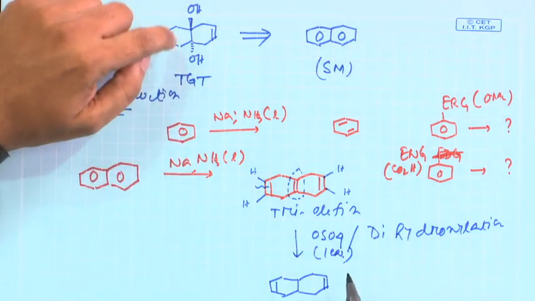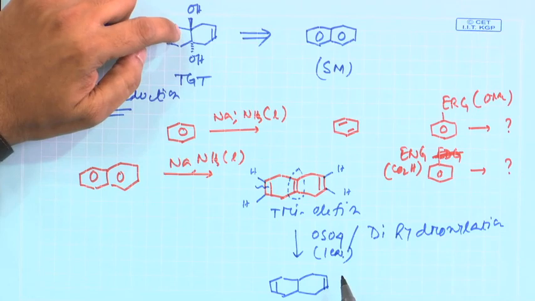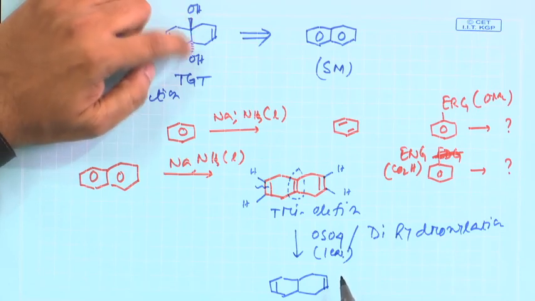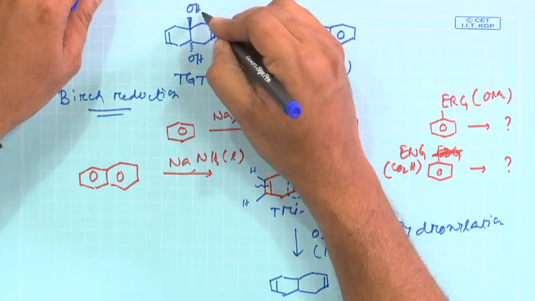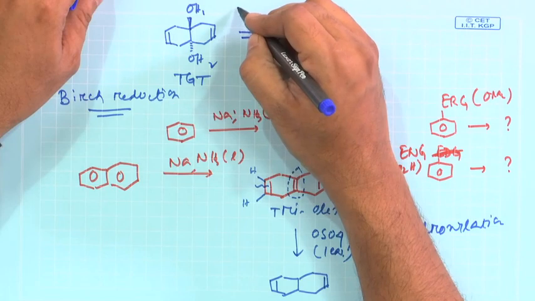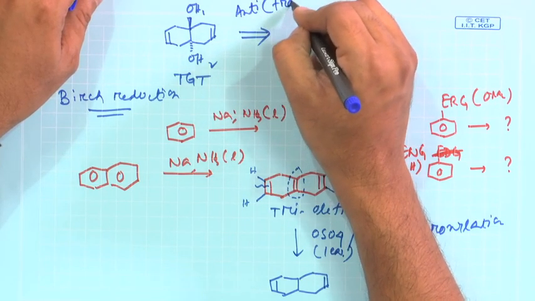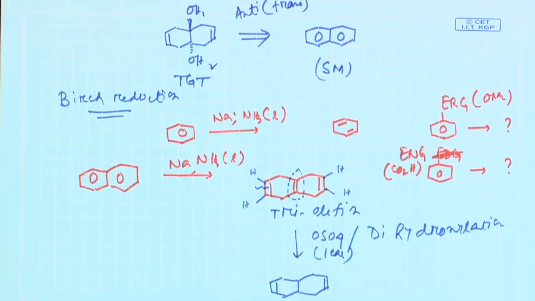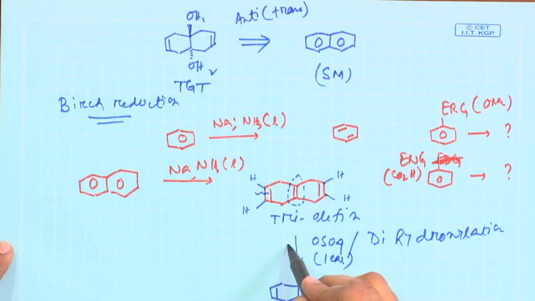But dihydroxylation does not give you the exact product, because here the relative geometries of OH1 and OH2 are anti or trans to each other, and as you know, dihydroxylation often gives a cis diol. So dihydroxylation will not be a viable pathway.